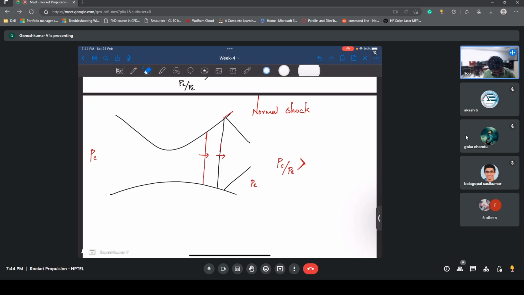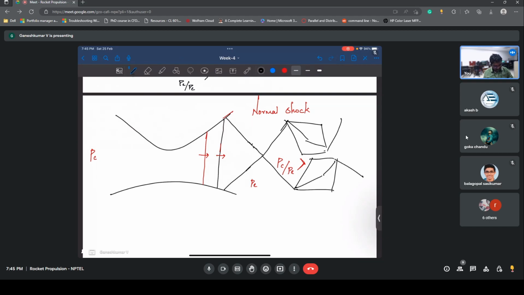Once it becomes an oblique shock, but still PE doesn't match PC, it reaches here and gets reflected, and then it forms these expansion waves, which also get reflected, and then a normal shock again. This is what we call a Mach diamond.